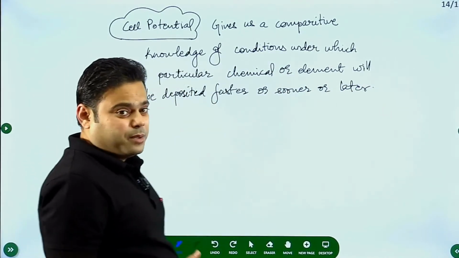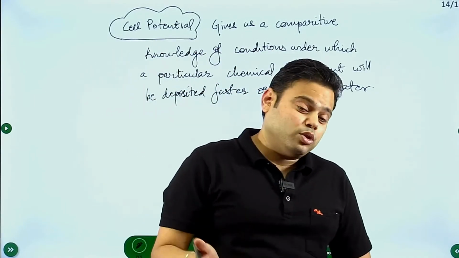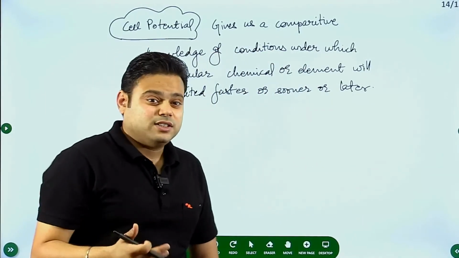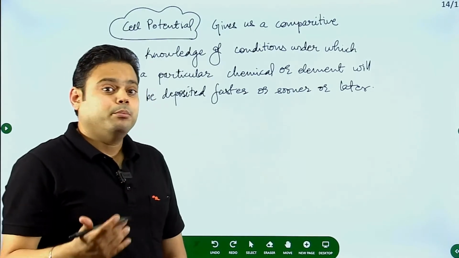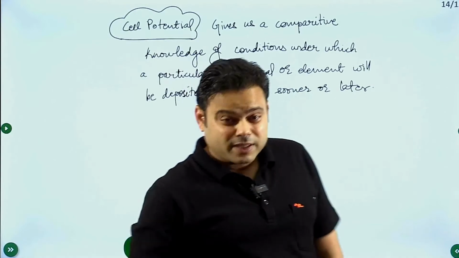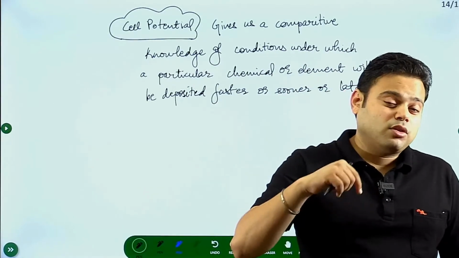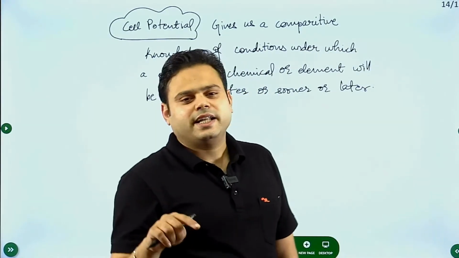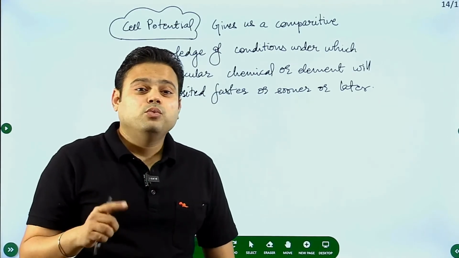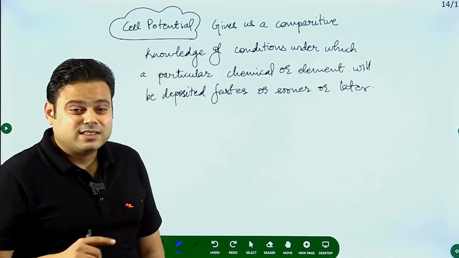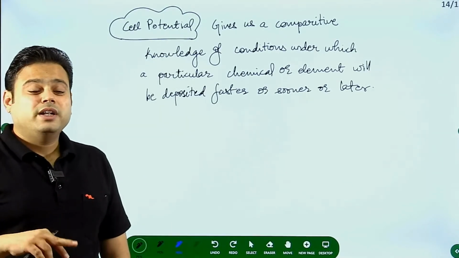Which element will be deposited quickly and which will take time to deposit. This is a comparative aspect between the electrode of the cell that is present and the chemical that is getting deposited on it. This is the concept which we'll be seeing in our next session.